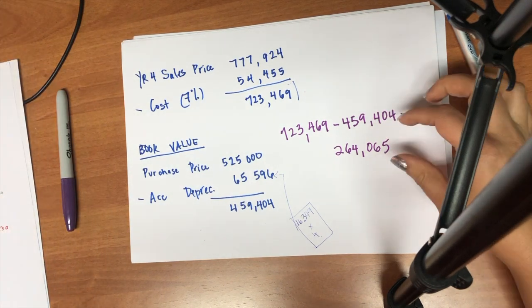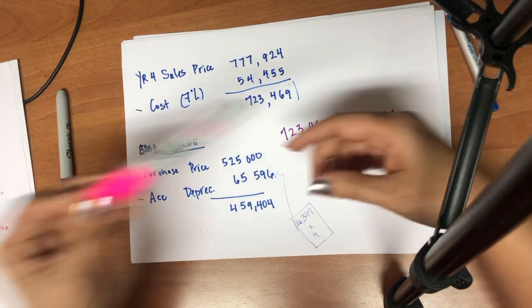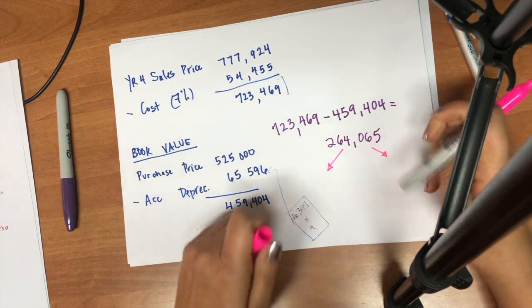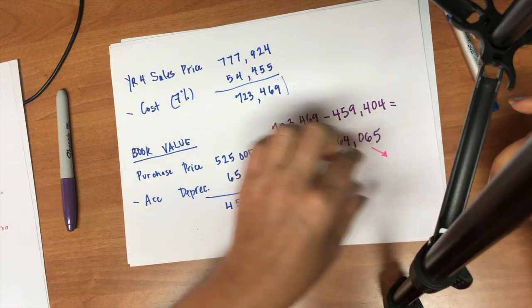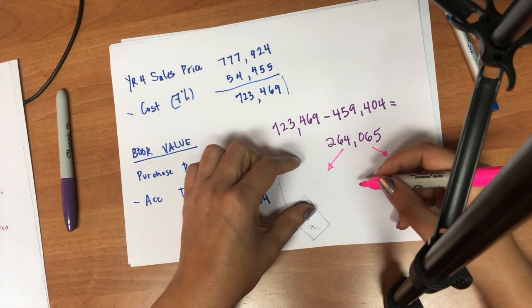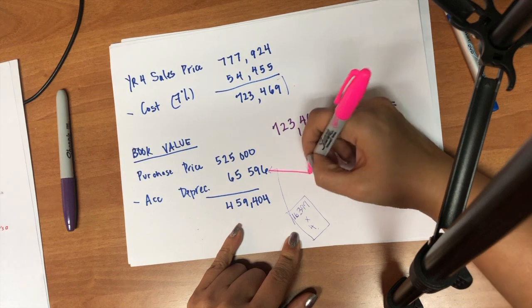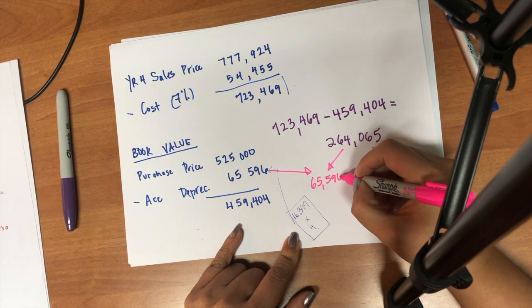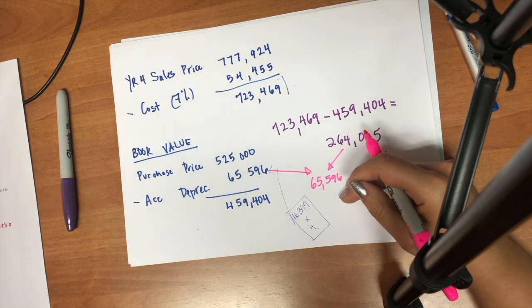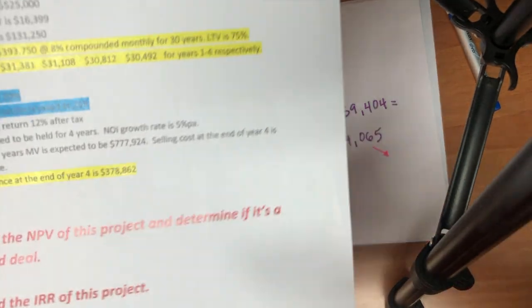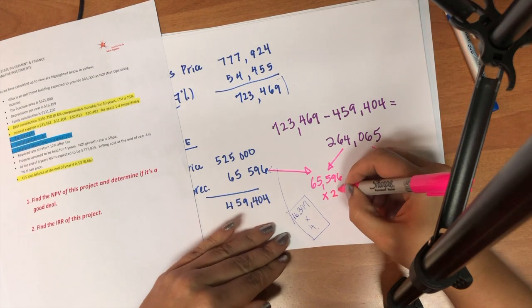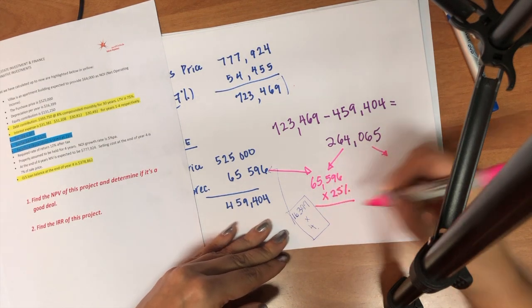I will divide it into 2. Part of it is capital gain and part of it is recaptured depreciation. How much was my recaptured depreciation? Is this number. So I just copy it here, 65,596. This is taxed at 25%. Recaptured depreciation is taxed at 25%. So I multiply that by 25% to get the tax.